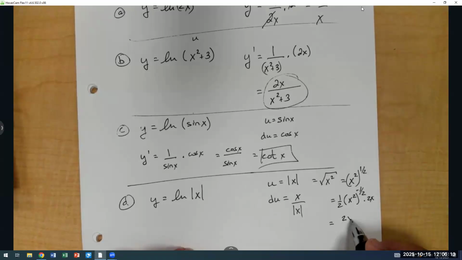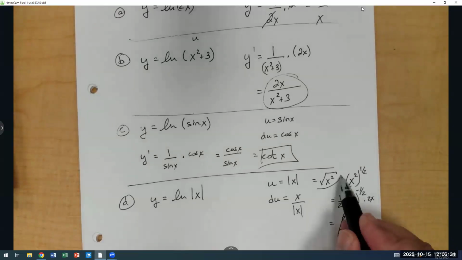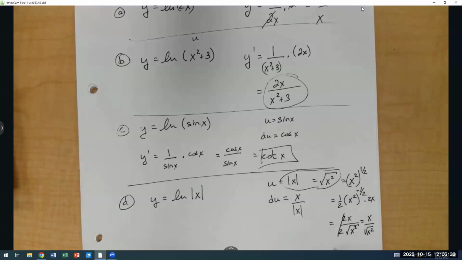So it's 2x over 2 square root of x squared. The twos cancel. Square root of x squared is absolute value of x. So it's x over absolute value of x.